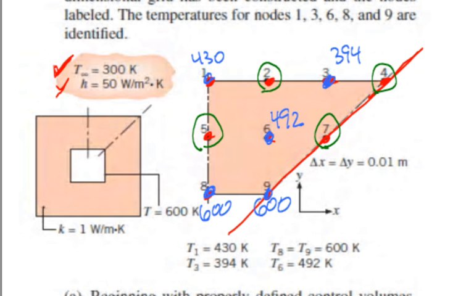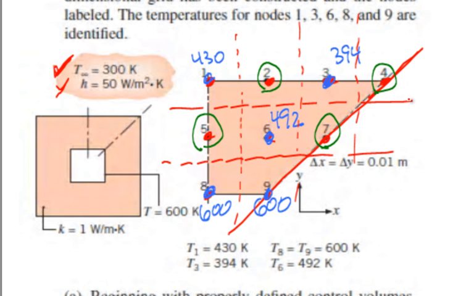So I would do this. I see a grid, so I go halfway between those x locations, and then halfway between those y locations. You can see that node 6 has a pretty large volume, doesn't it? Where is the corner of the control volume for node 6?